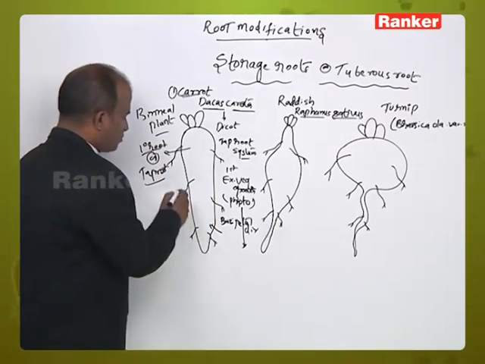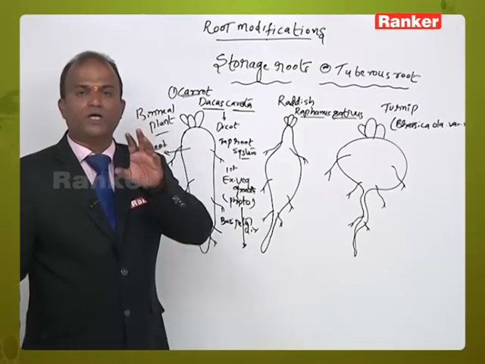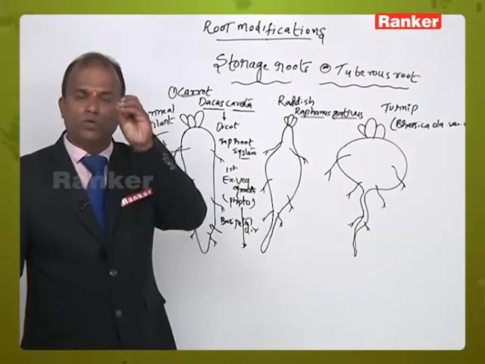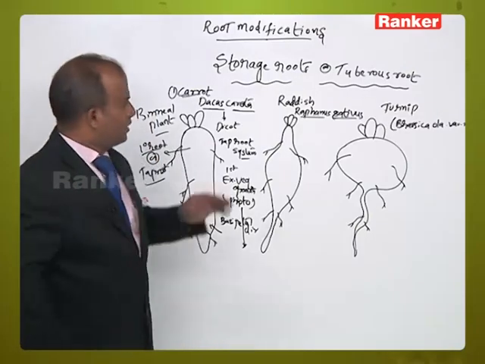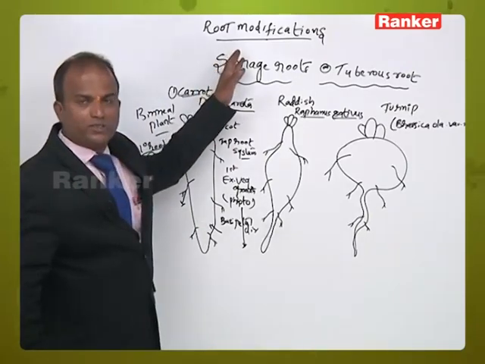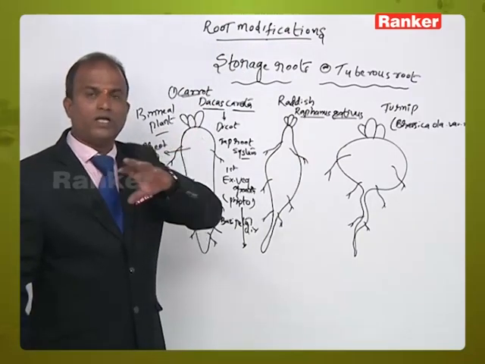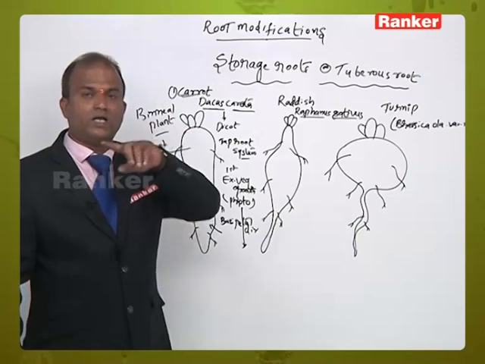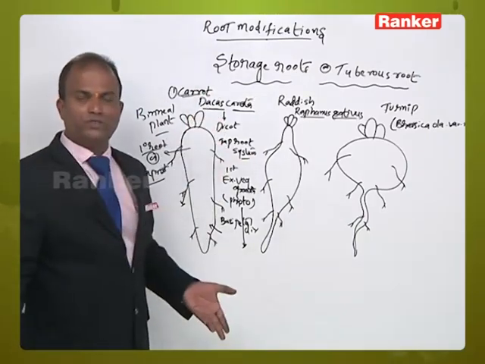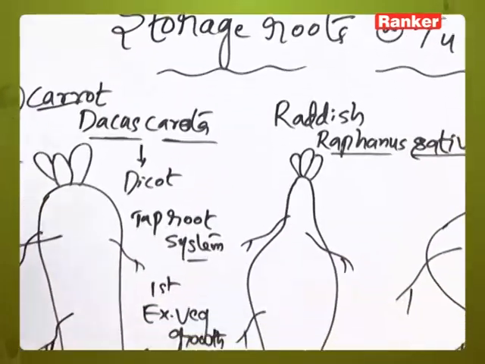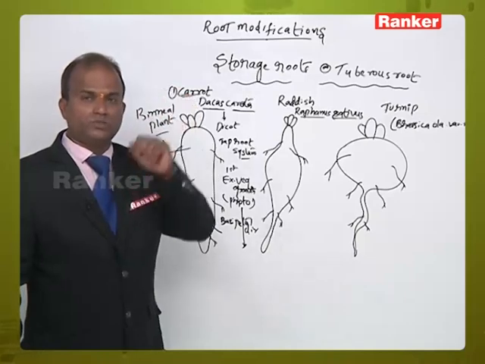The lateral roots, rootlets and root hairs perform their older function of absorbing water and minerals. I already told you about modification: a part of a root undergoes modification to perform a new function, storage of food, apart from the older function of absorption of water and minerals, suitable to the new environment.